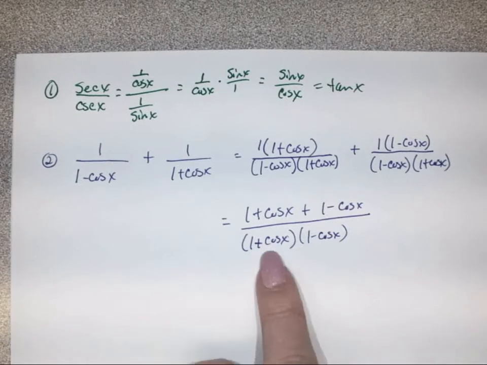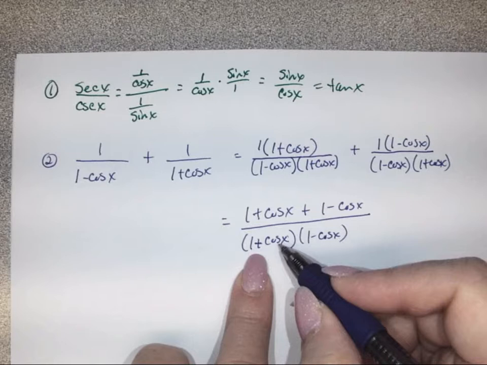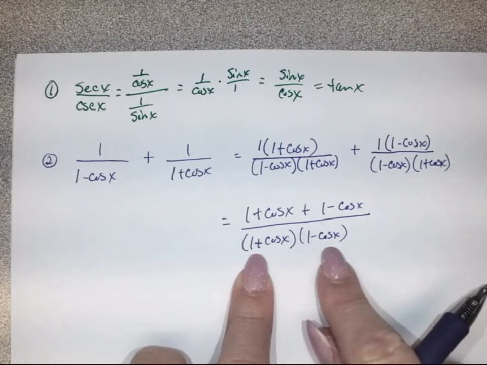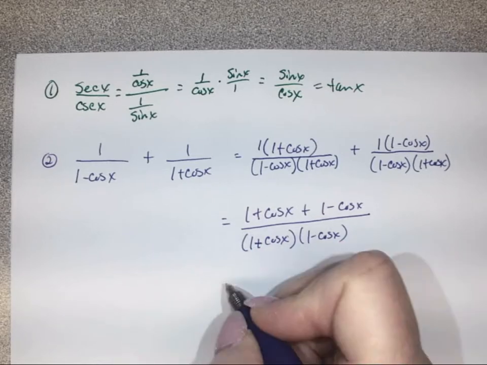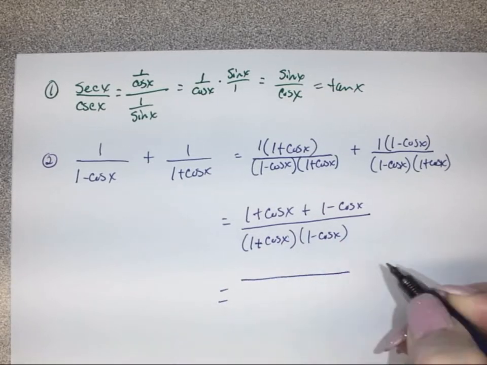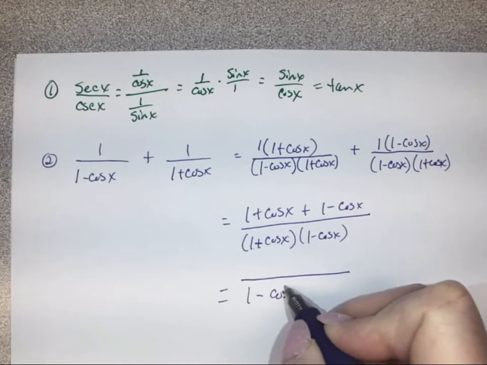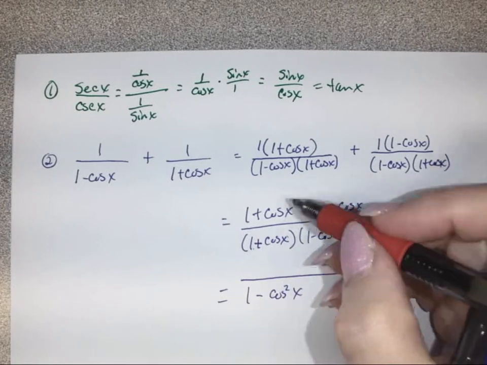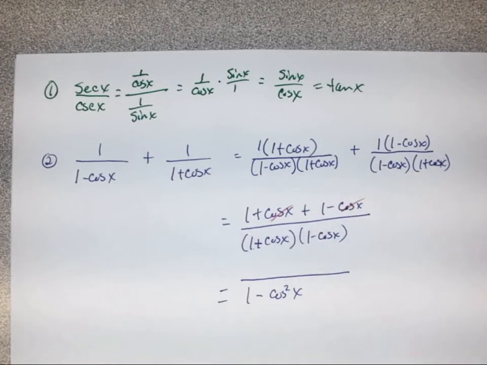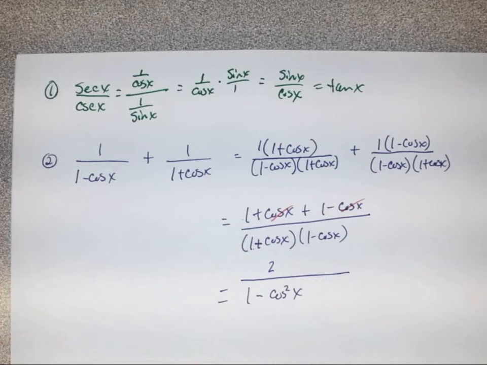Now what we need to recognize here is that 1 plus cosine x times 1 minus cosine x is the difference of squares in factored form. So we're going to multiply that out, and we are going to get 1 minus cosine squared x. On the top, our cosines will cancel, and 1 plus 1 will get us 2.